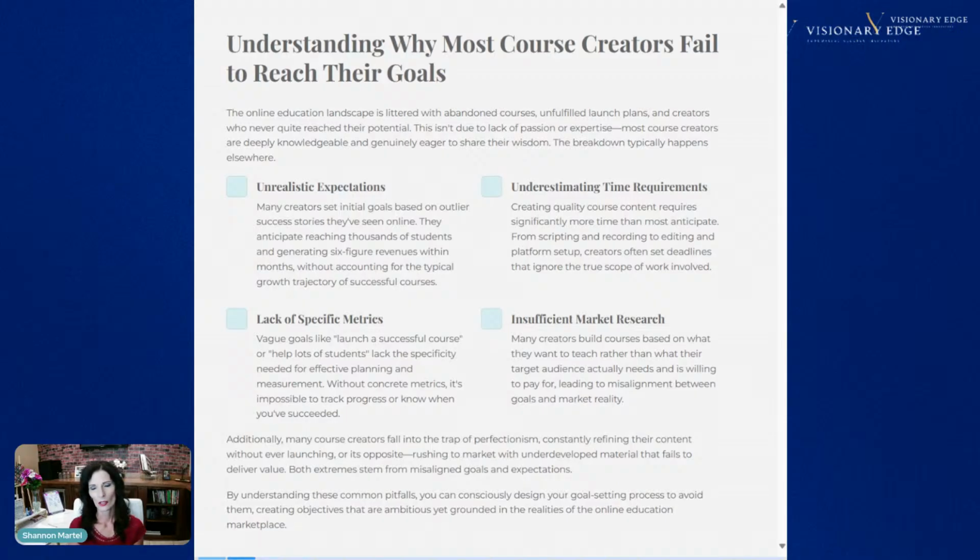The issue isn't a lack of passion or expertise. You've got the passion, the desire, your expertise, your skills. Most course creators are deeply knowledgeable and genuinely eager to share their wisdom, but the breakdown happens elsewhere. And these are the top reasons they fail.